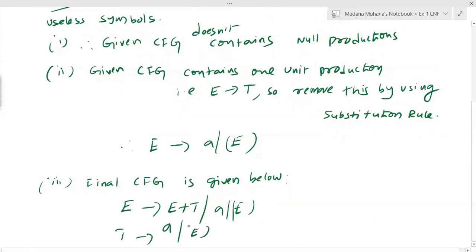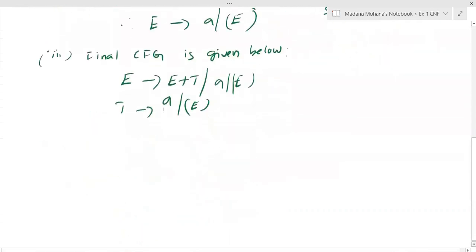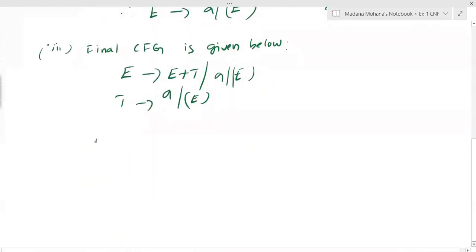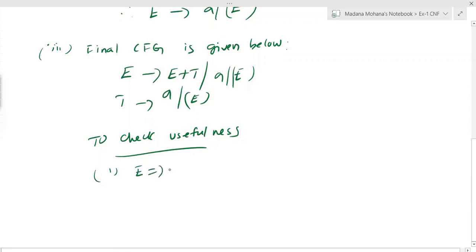Now check whether useless symbols are there or not. To check usefulness, there are two points. Every variable must derive a terminal or terminal string. Here E derives a terminal directly. T also derives a.